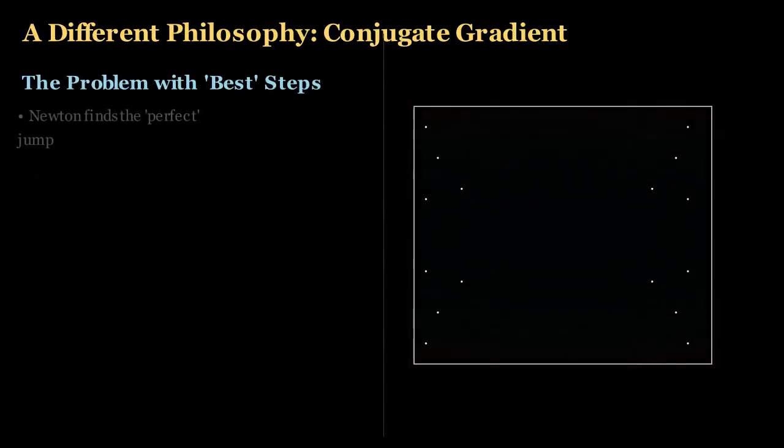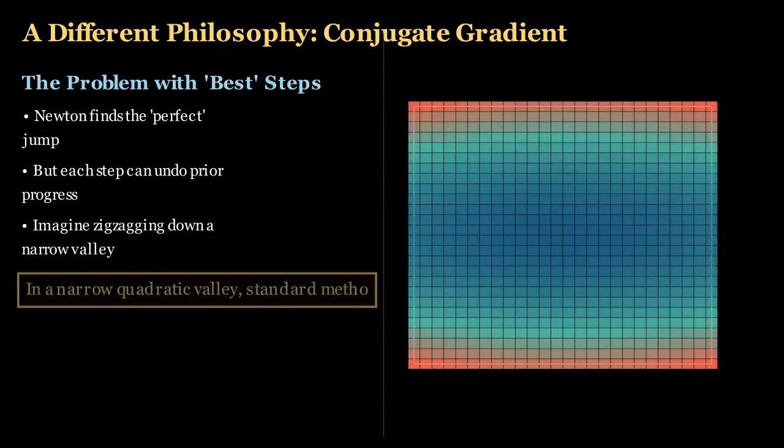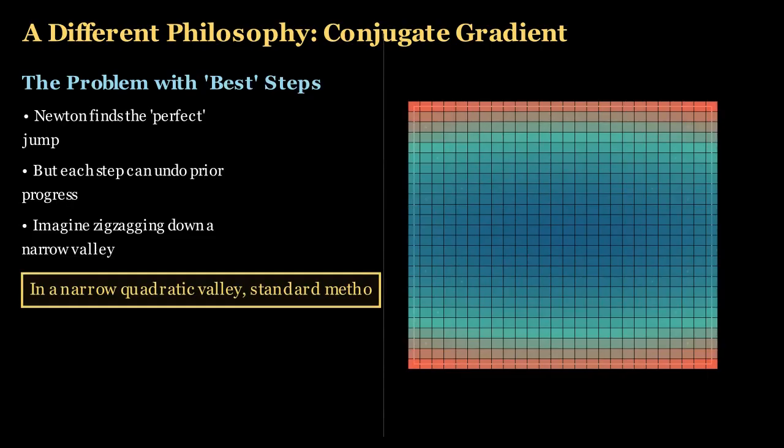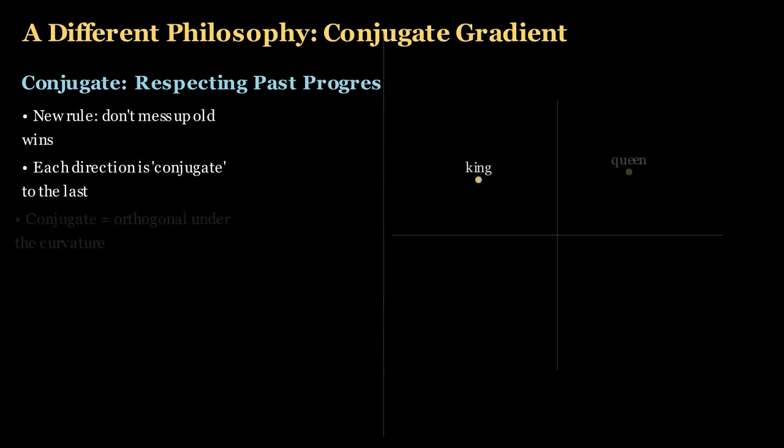We just saw how LBFGS cleverly approximates the Hessian. But even a perfect jump can lead to zigzagging, where each new step partially ruins the work of the last. Instead of computing curvature, conjugate gradient enforces a simple rule: each new search direction must be conjugate to all previous ones.